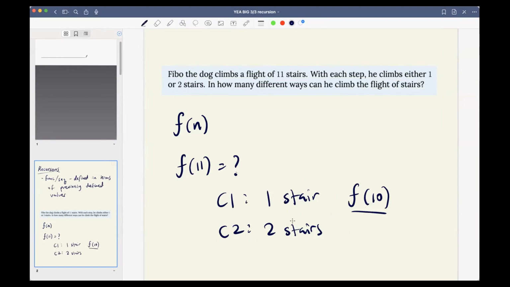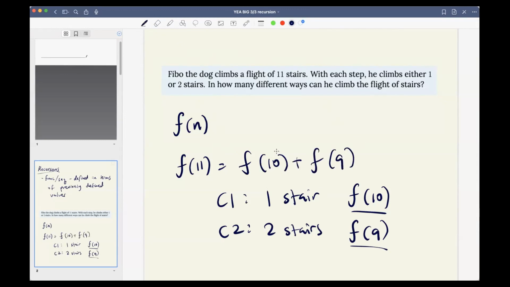For the other case, if his last step is going up two stairs, then it's equal to f(9), because he got up to the 9th stair in some way, and then there's a predetermined two stairs for the last step. So f(11) is equal to f(10) plus f(9).